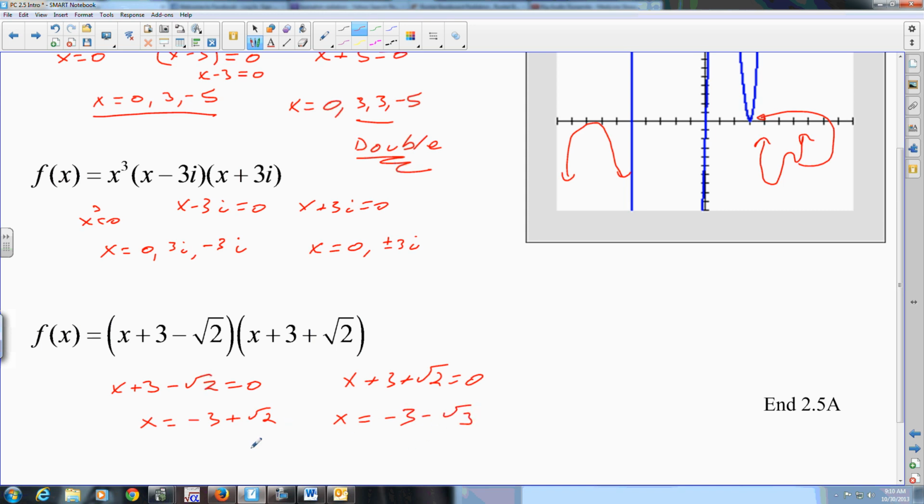So if you want, you could write x is equal to minus 3, and the plus and the minus goes on the square root of 2. Whoops, why did I write a 3 there? I have no idea. Sorry about that. That's a minus 2 and that one's a plus 2, but the 3 is subtracted in both of them. So there you go. You can write them separate or you can write them together. I don't have a preference.